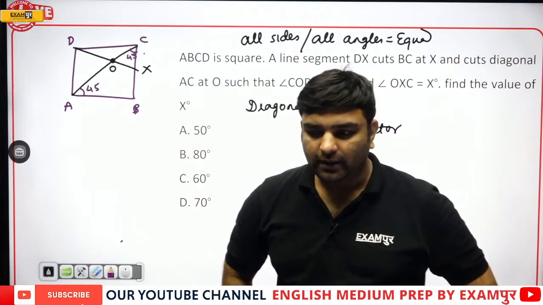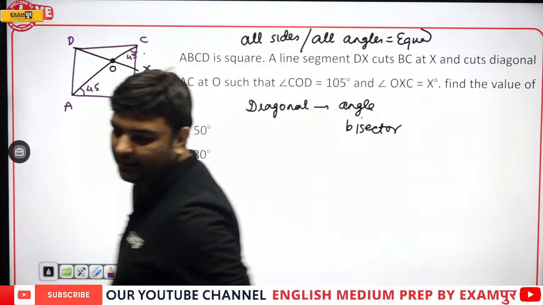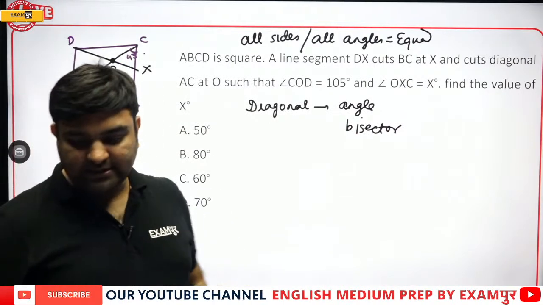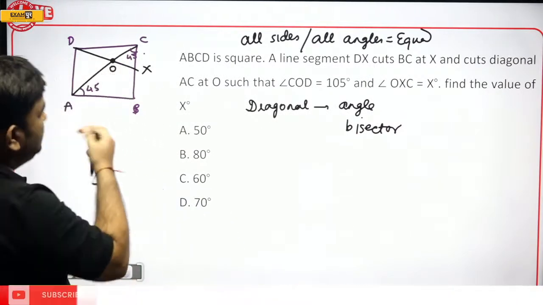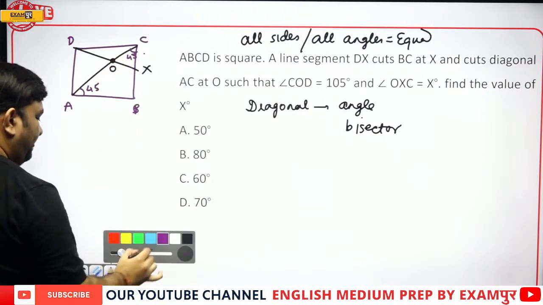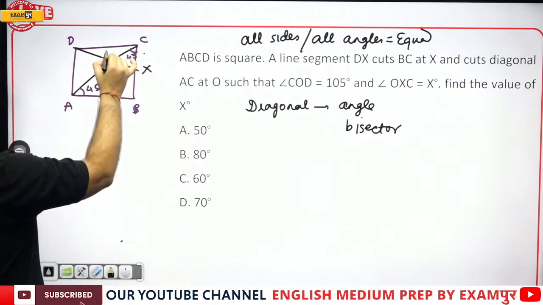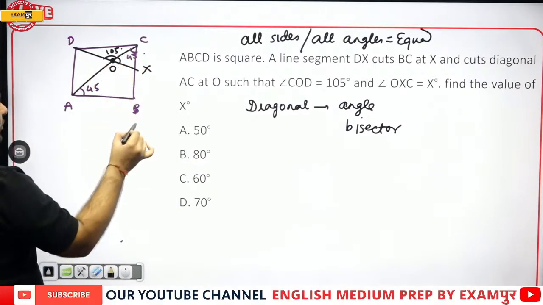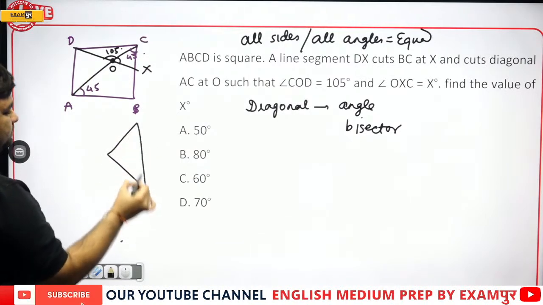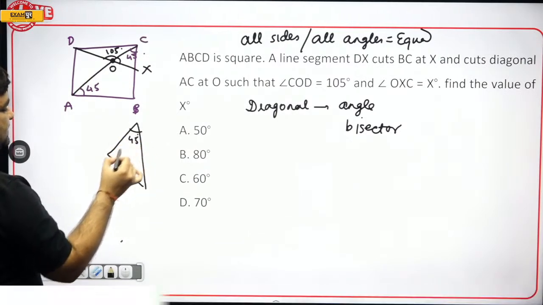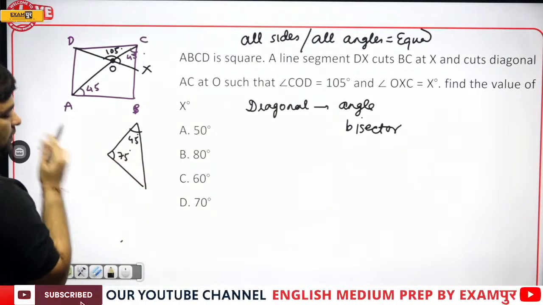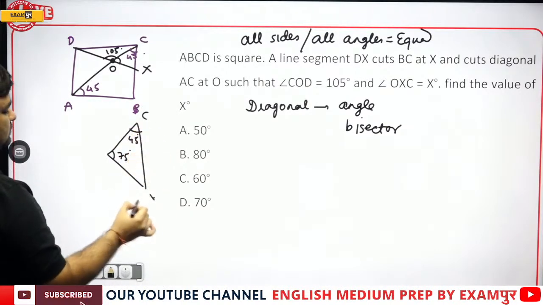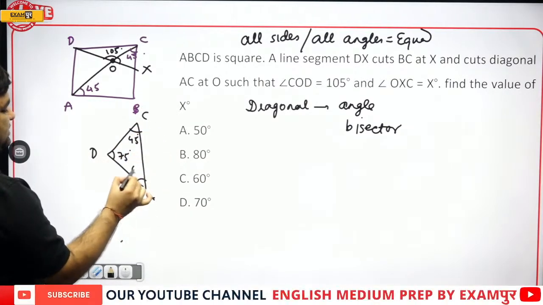Once you identify that the diagonal is the angle bisector as well in a square, it's over. COD is 105, so remaining is 75. This is 45, this is 75, so 120, so this is 60.